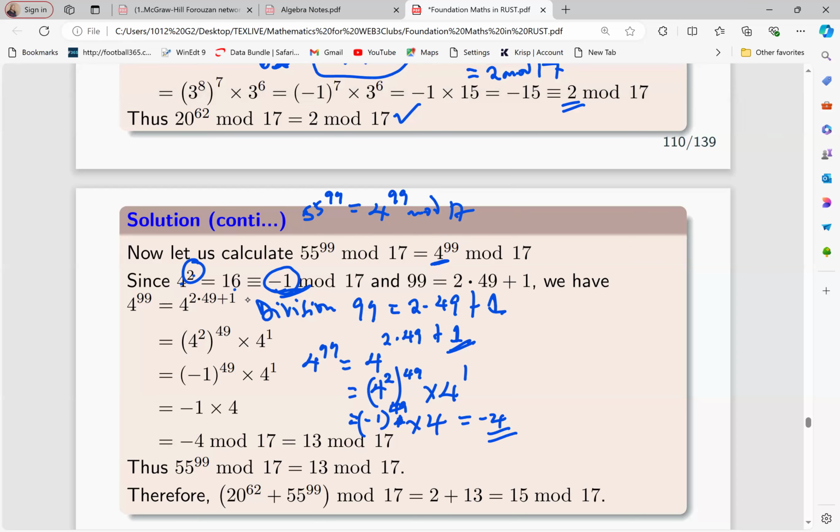So then you combine the two results, but -4 in terms of mod 17 is 13. So when you combine the two results, you get 2 plus 13, and that is 15.